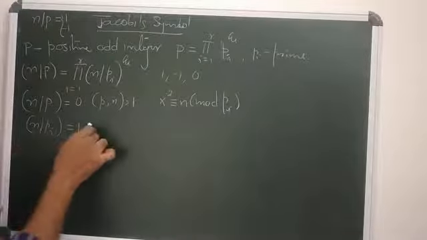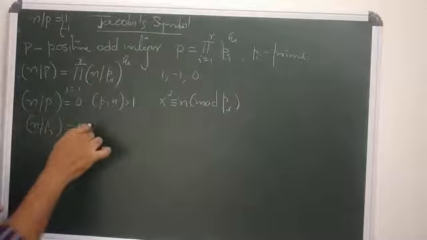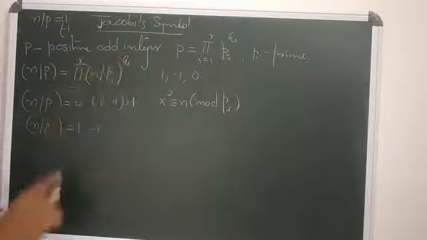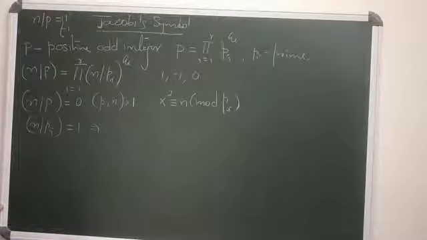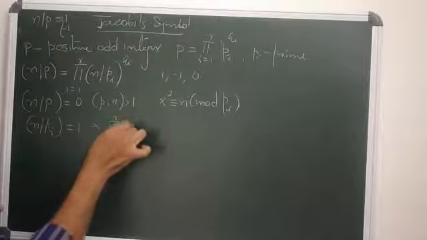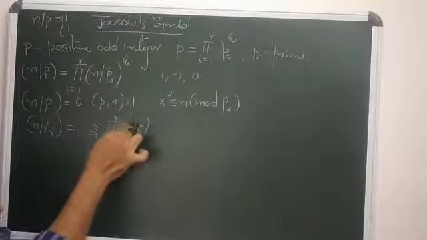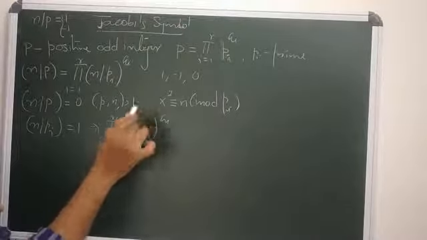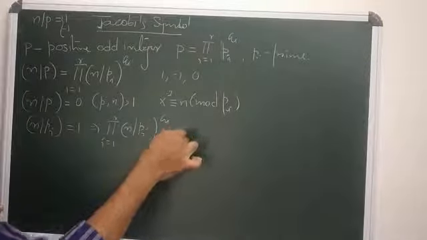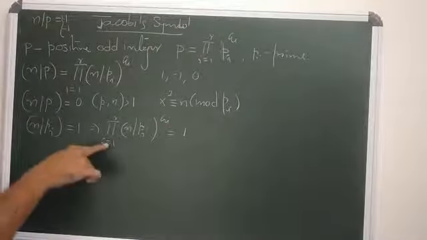When (n/p_i) equals 1, the product for i from 1 to r of (n/p_i) to the power a_i is again 1.